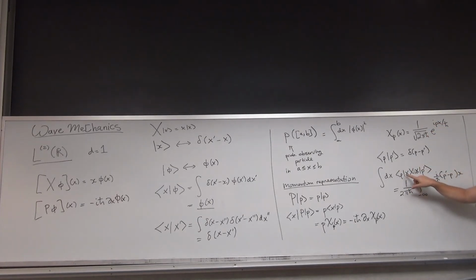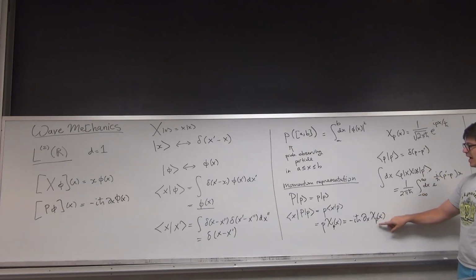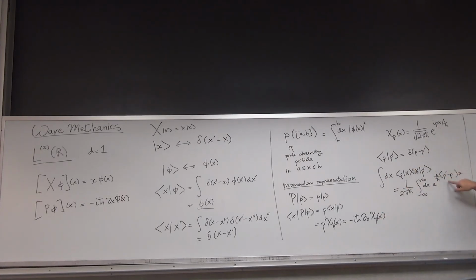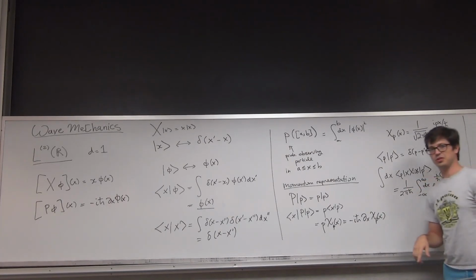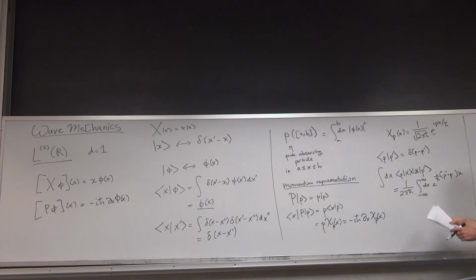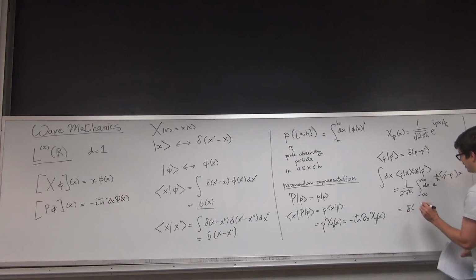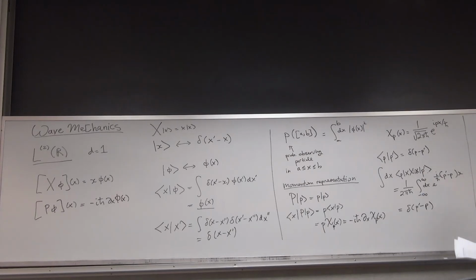How does this work out? It's the complex conjugate of this function, so it becomes 1 over the square root of 2 pi h bar times e to the minus i over h bar p x, that's this part. And then this part is just p prime, so it's just chi of p prime there, so that's this term. And you can do this integration, it gives you a delta function in p. It gives you back p prime minus p, just as we wanted.